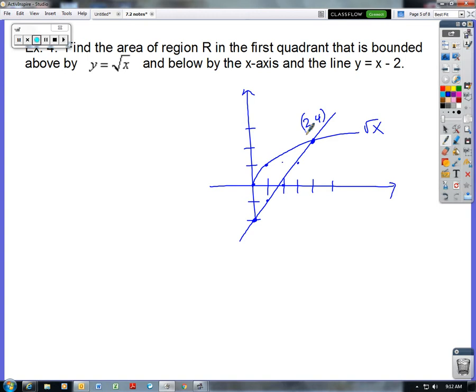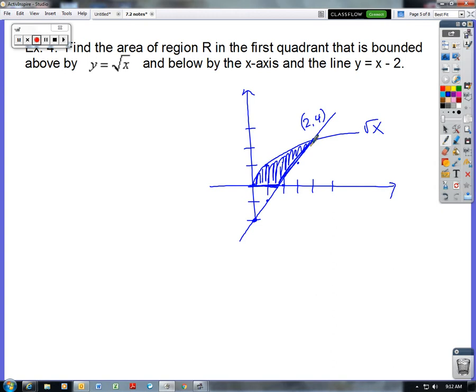It says find the area of the region in the first quadrant only that is bounded above by root x, below by the x-axis, and the line y equals x minus 2. So we're talking about this area right here. Okay, so like I was saying, there are several correct ways to do this problem. And the fastest way is actually involving some geometry.